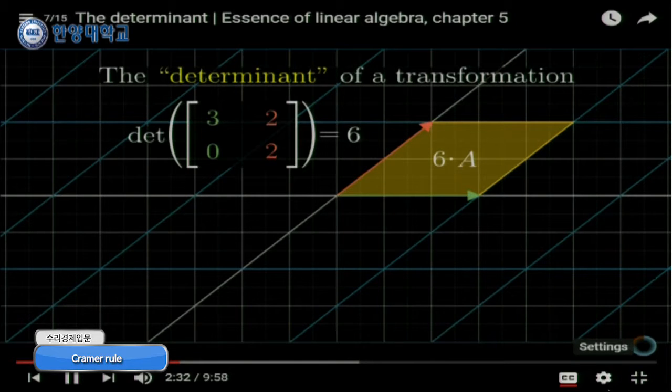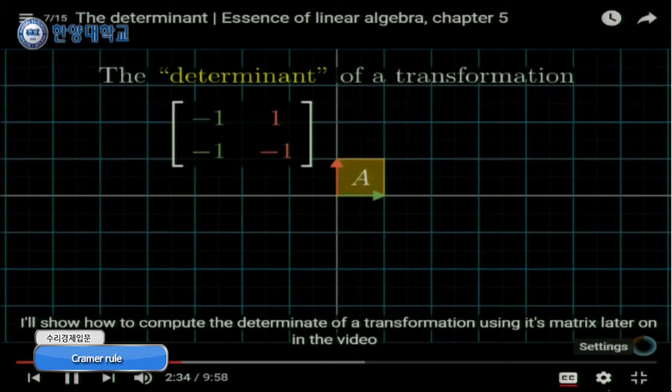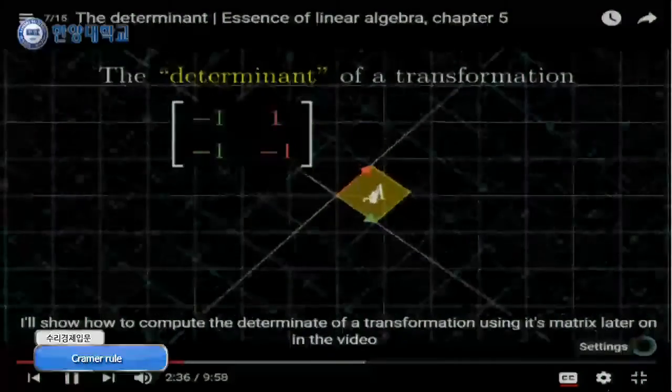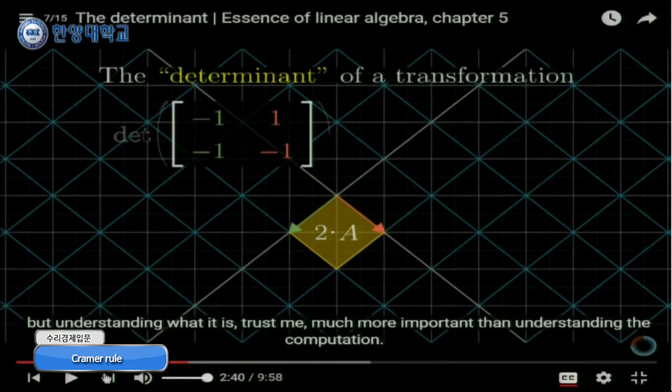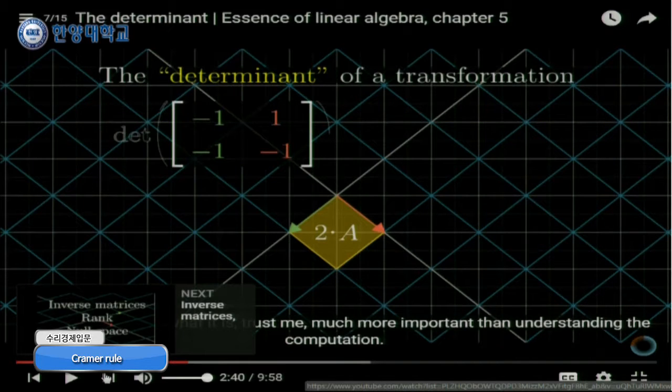I'll show how to compute the determinant of a transformation using its matrix later on in this video, but understanding what it represents is much more important. The intuition of the determinant is that if there is an area whose size is 1, and we multiply it by this matrix, the determinant is like a scaling factor.